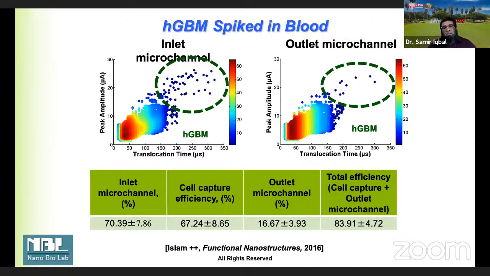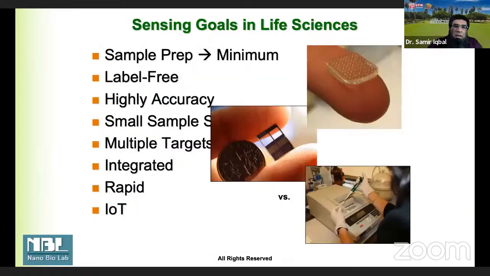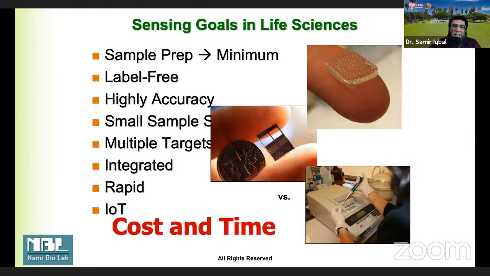And that leads us again to that big aim of capturing all the cells that we can capture from a given sample. So before I conclude, the ultimate goal is that we want to cut down time and cost. We want to get the results faster, we want to get the results cheaper, so we can not just deploy it in remote areas, we can also have people who can do these things in the comfort of their own homes.